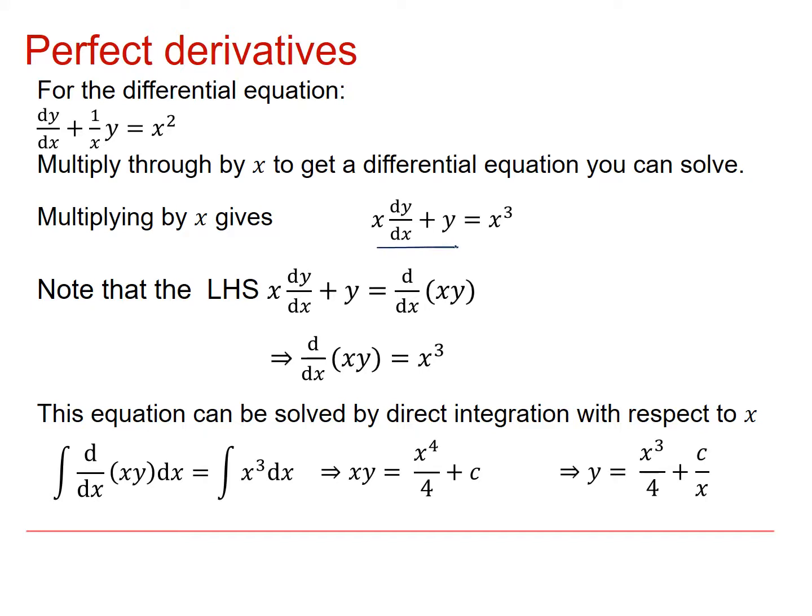This, which is just a derivative of a product, is known as a perfect derivative. And this, that we multiplied through by to get this perfect derivative, is known as an integrating factor.